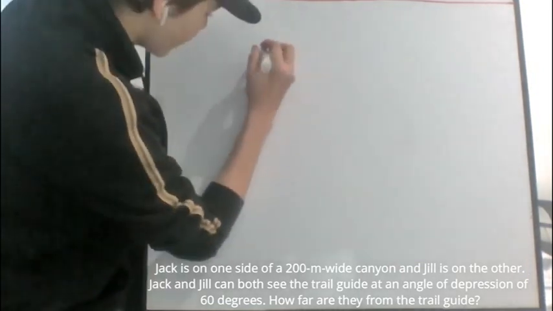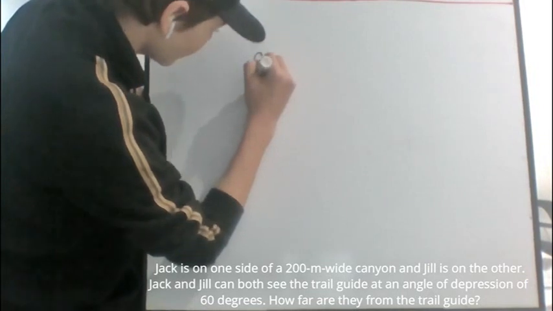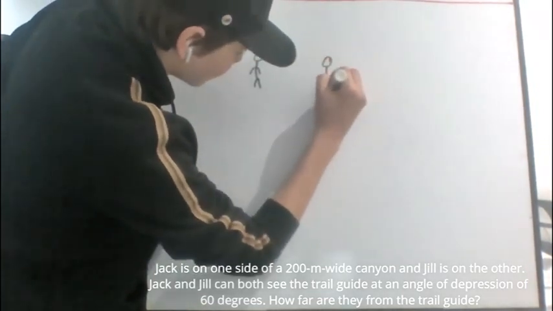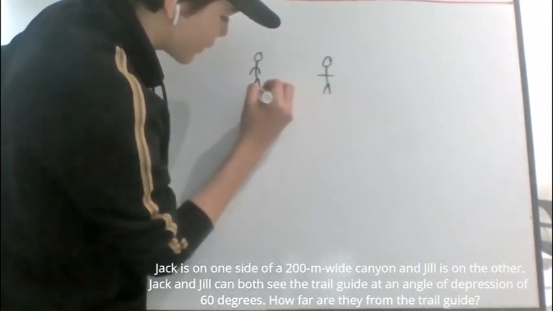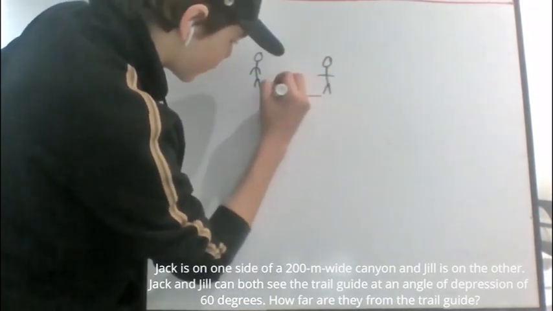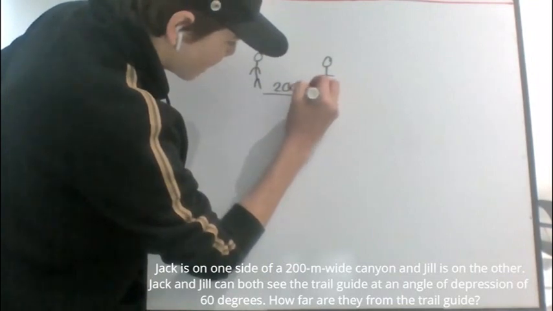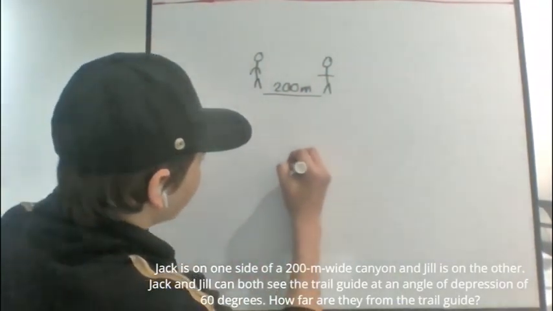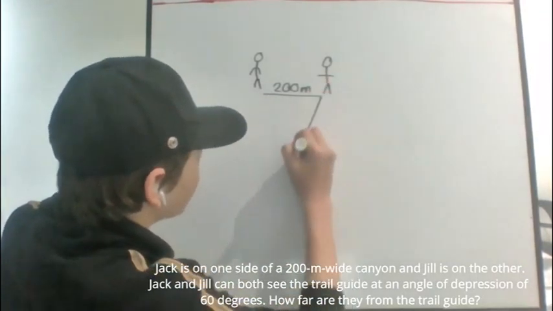Okay, first of all, we know that Jack is right here and Jill is right here. And they are separated by 200 meters. And they can both see the trail guide right here at the same time.